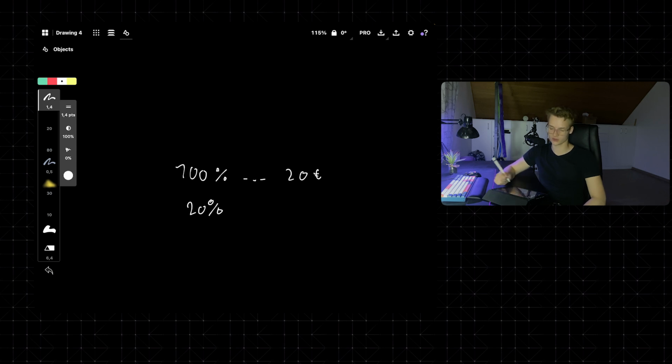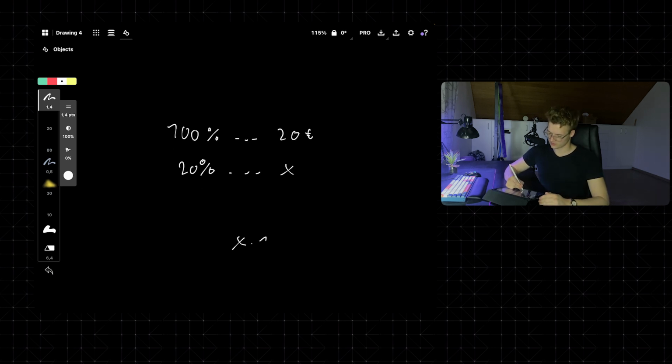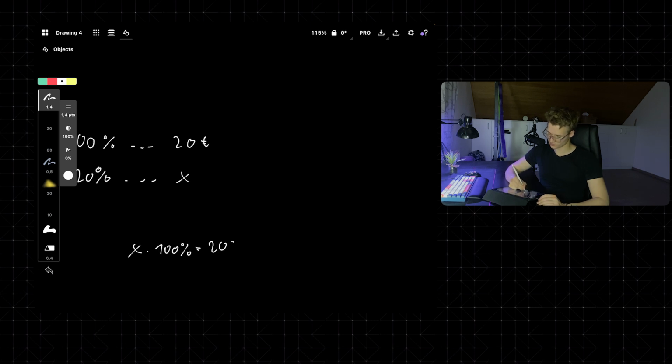Now this is the slow way to do it. You first calculate the discount, how much the discount is in euros, and then you subtract that from the original price. Okay? So percentages are always just direct proportions. So you have x times 100% equals 20 euros times 20%.